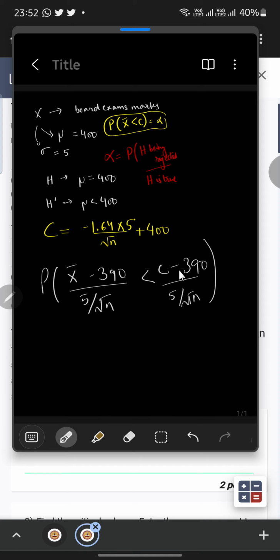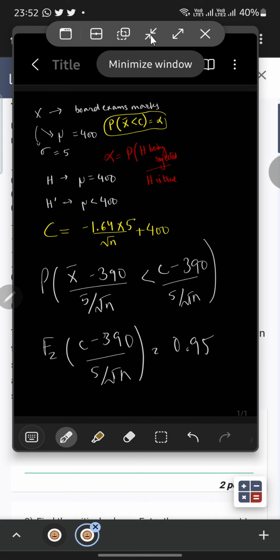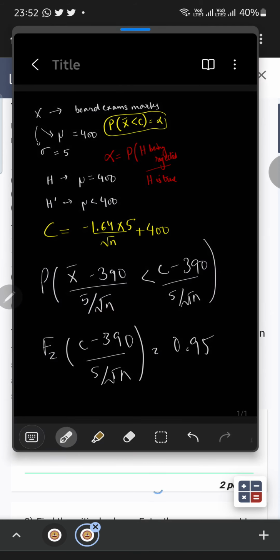Now we already know this is equal to 0.95, so we can say F_Z of (C minus 390) upon 5 root n is equal to F_Z of 0.95, and we need to find the value of F_Z of this. So F_Z of 0.95 here is 1.64, basically the modulus of the previous one.